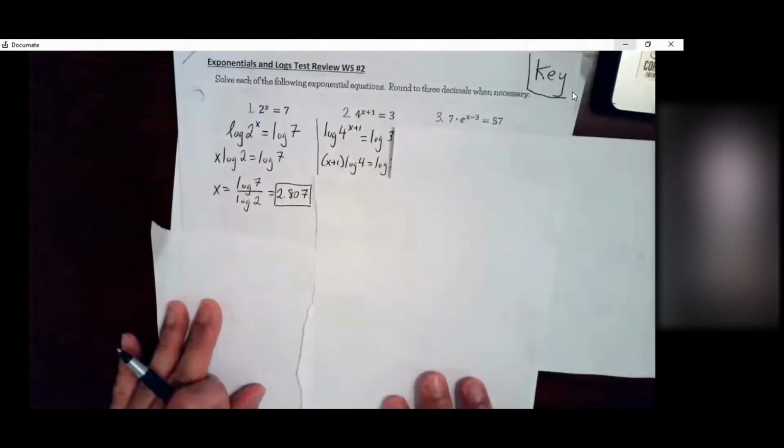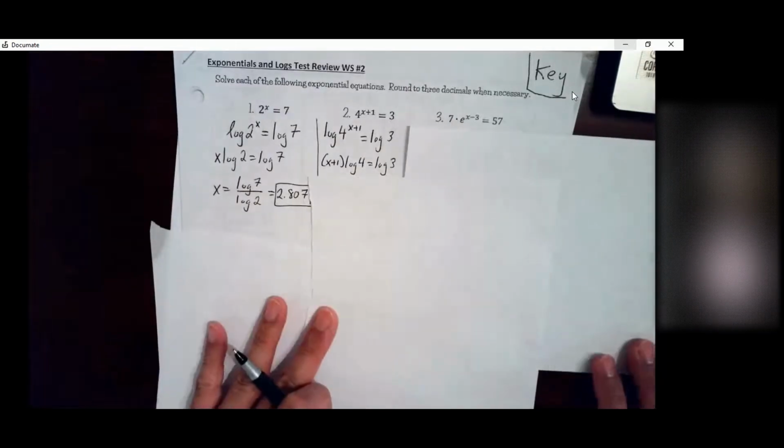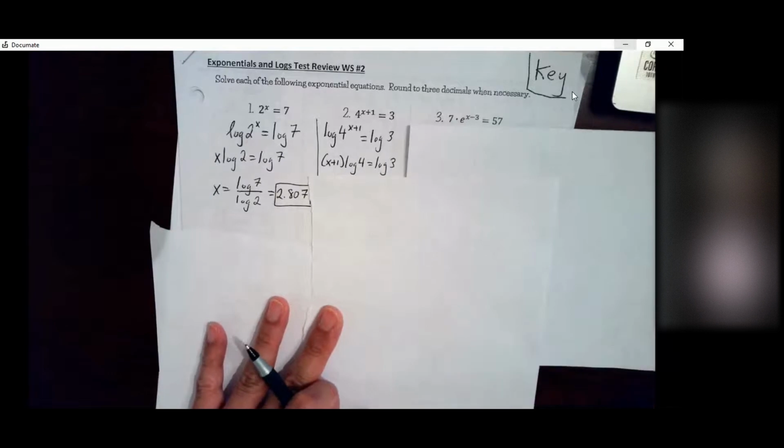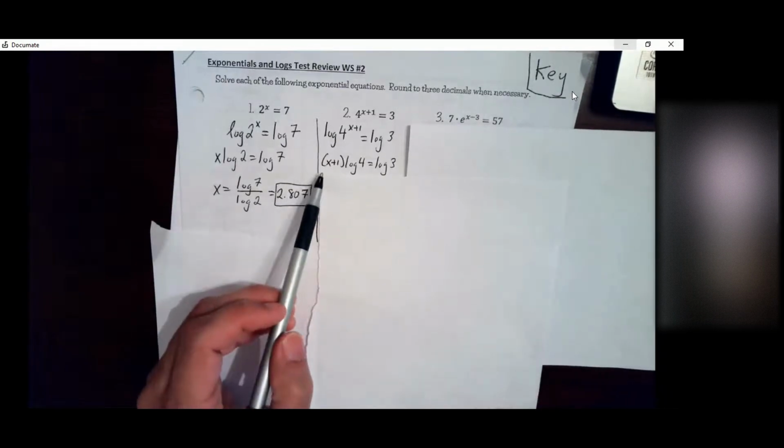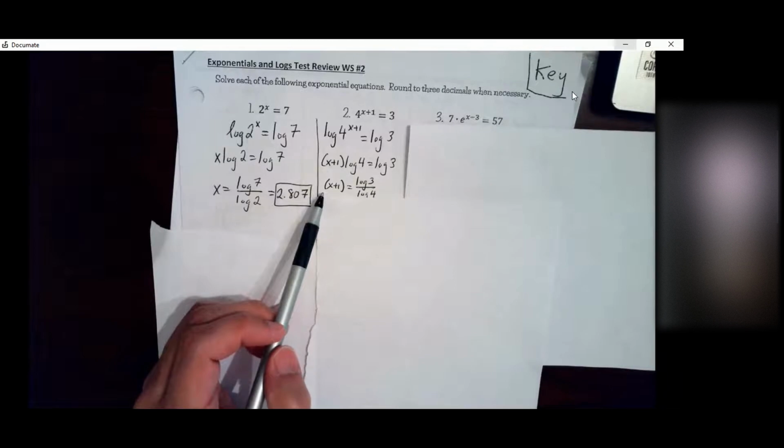Yeah, x plus 1 through. So that would be x log 4 plus log 4 equals log 3.